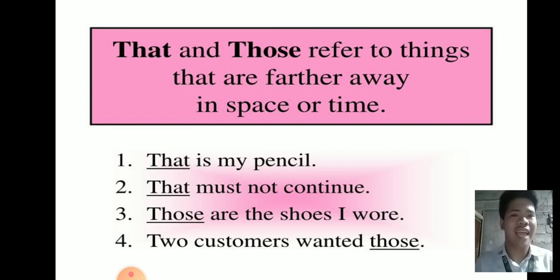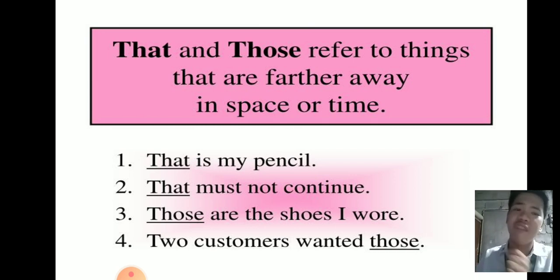As you can see, class, in the first two examples, the speaker is referring to an object or a thing that is far from him or her. That is my pencil. He or she is pointing out to the direction which is far from him or her.